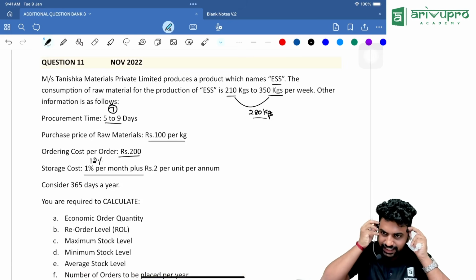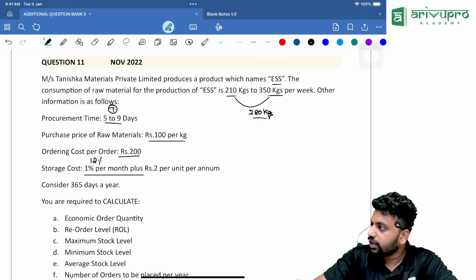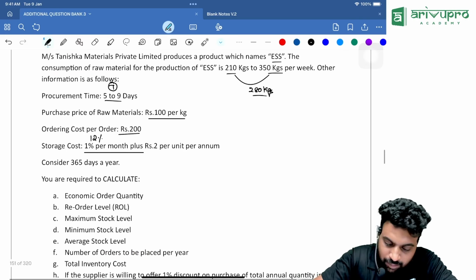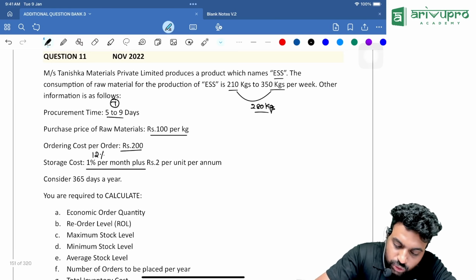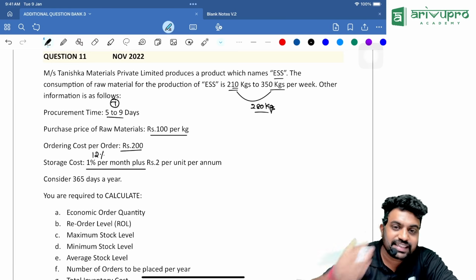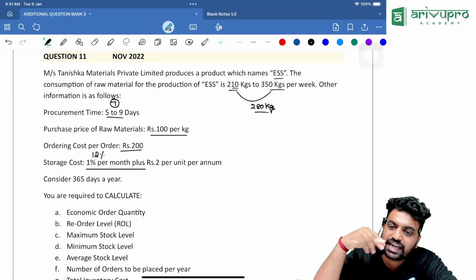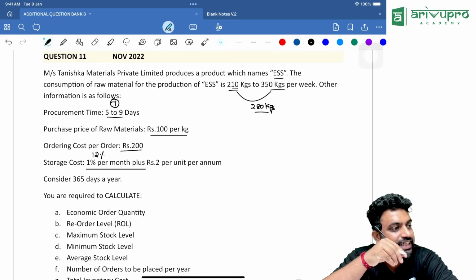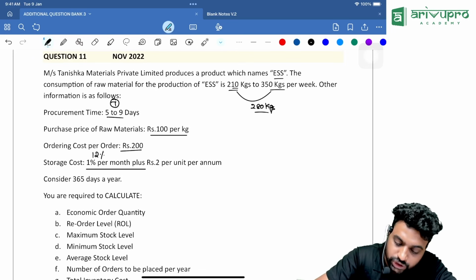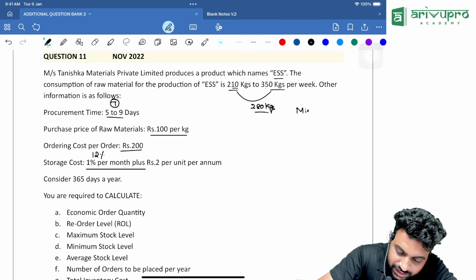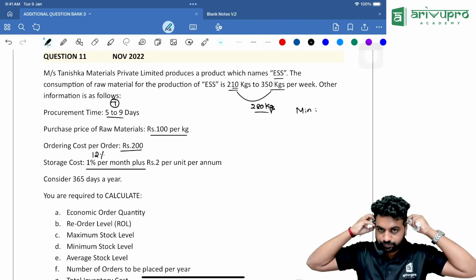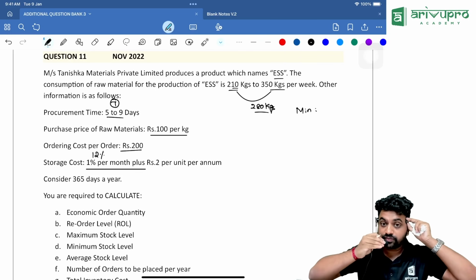Consider 365 days, they are telling. So, guys, how much is the minimum consumption? 210 kgs per week. 365 days means each and every single day of the week we are working, which means 7 days in a week. So minimum consumption is 210 divided by 7, that is 30.